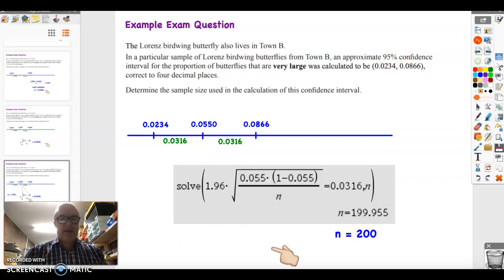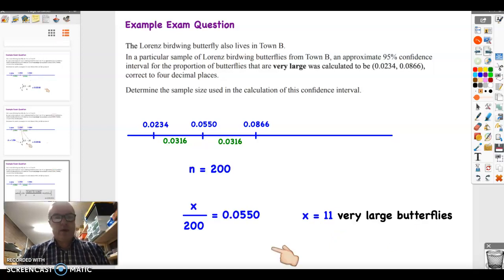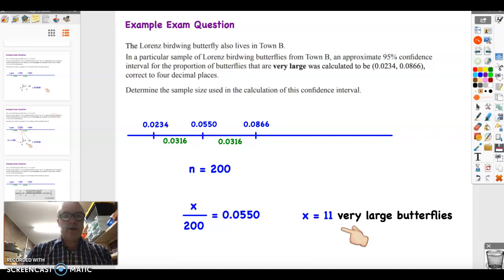I've just used the CAS calculator, and we get n is exactly 200, or actually not exactly, but close enough to be 200. I've taken it one step further than the exam question, because we know that the size of the sample is 200 and we've worked out the point estimate. We can also say that in that particular sample there were exactly 11 very large butterflies.